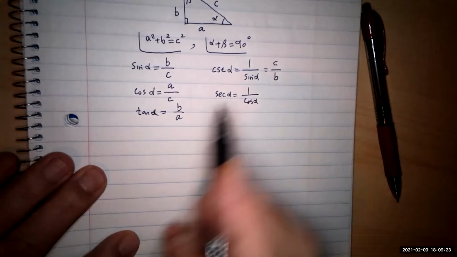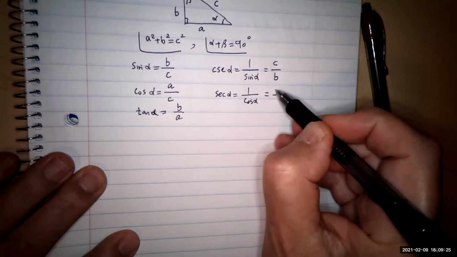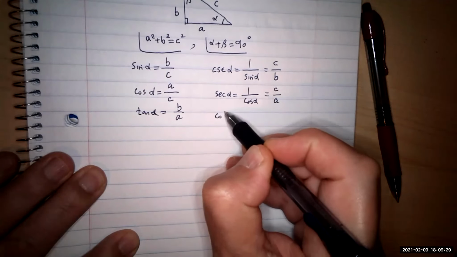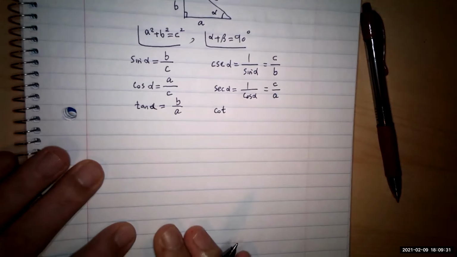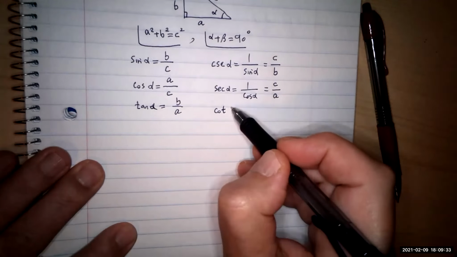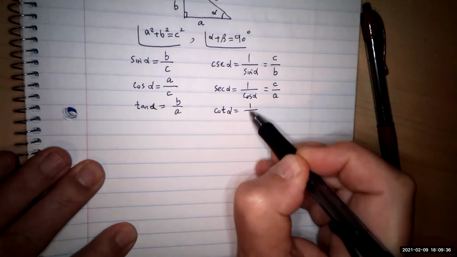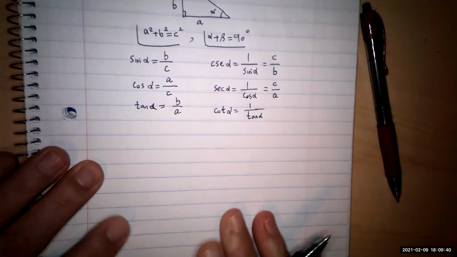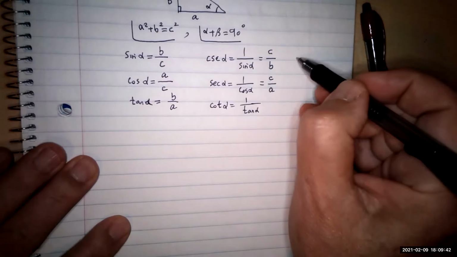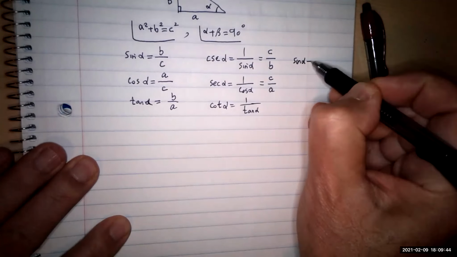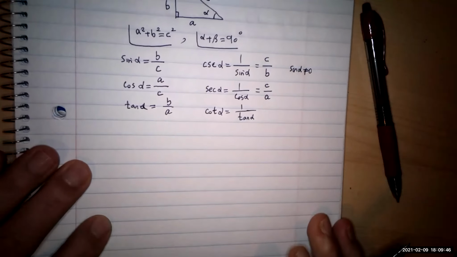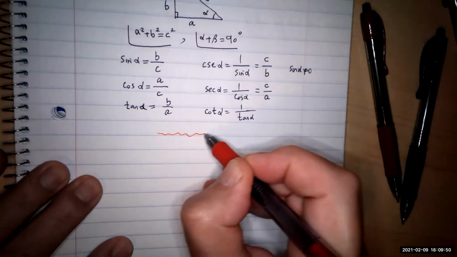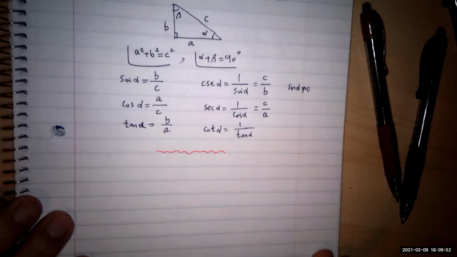In this case, it's C over A, you don't have to memorize this one. And cotangent of alpha is 1 over tangent. There is a condition here, for example, that the sine of alpha is not going to be 0, and the others we know that. So this is what we did so far, all these sections.